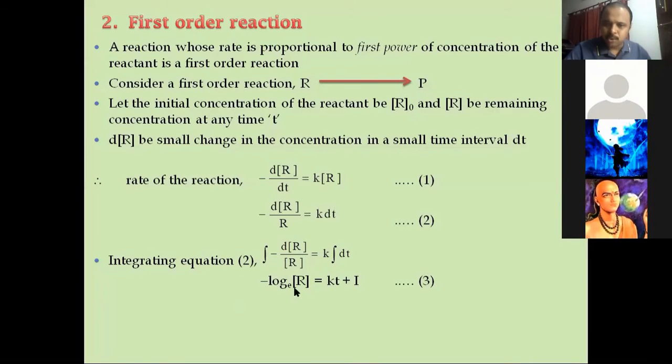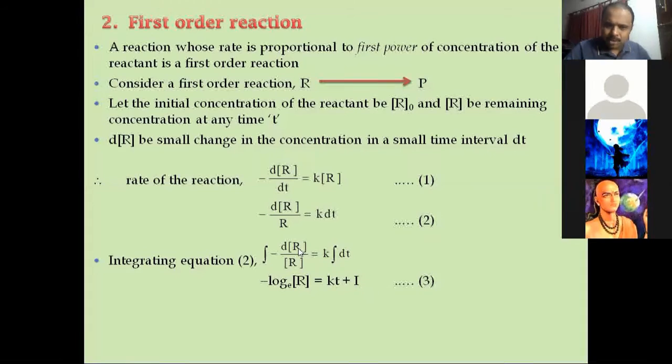You are going to practice this in mathematics later when integration is started. So this is the standard formula. The integral of minus 1 by R with respect to dR is equal to minus log R to base e, equal to k. The integral of dt is nothing but t. So k into t plus I.